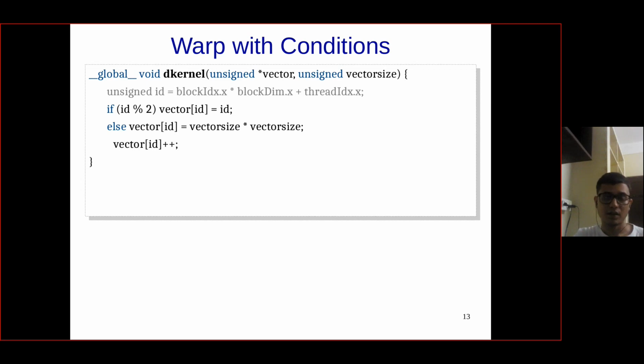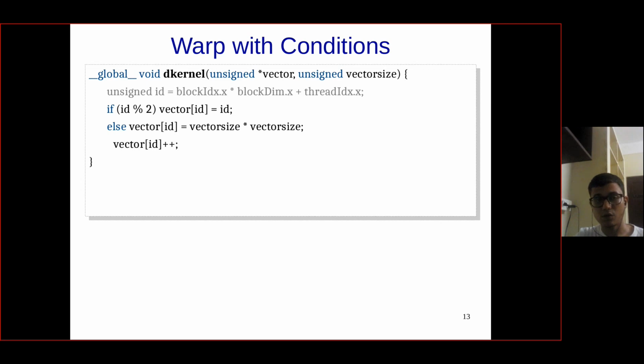So what will happen here? This is something interesting, right? As I told in the previous slide, all the warp threads execute in lockstep fashion. We are launching the kernel with just one warp, which is 32 threads. The first statement will be executed by all the threads. But when the threads of the warp come here, the threads with even ID will see that this condition is not true, so they will have to wait or do no op.